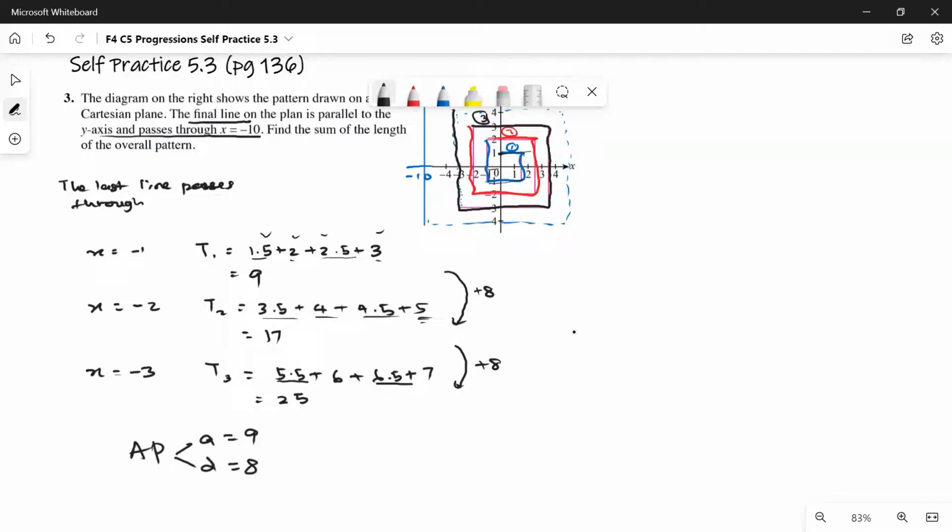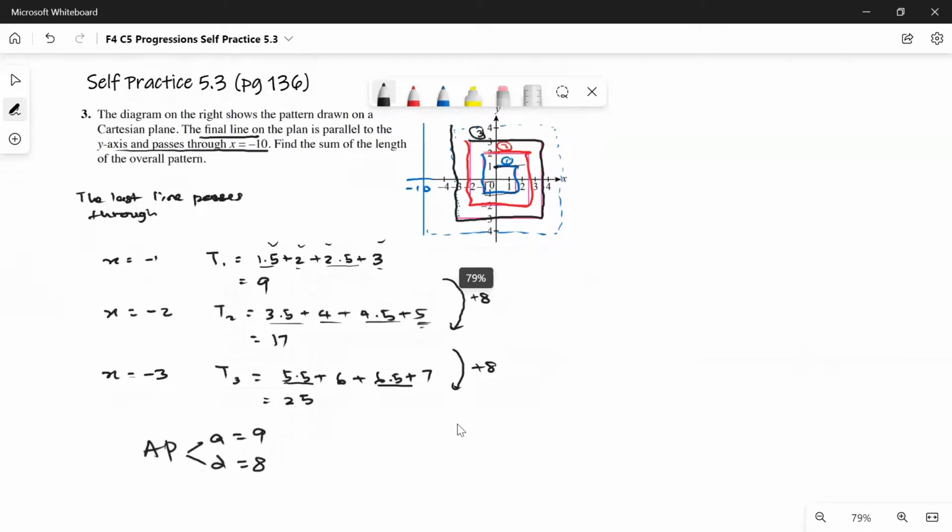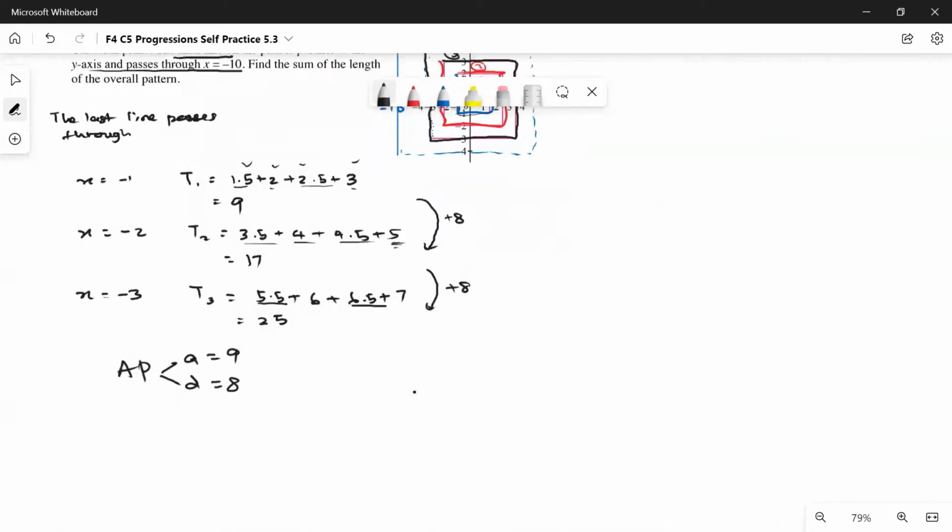What we need now is the sum of the length of the overall pattern. When the last line passes through x equals -10, that means I just complete my 10th term, isn't it? So when x equals -10, that will be my 10th term.